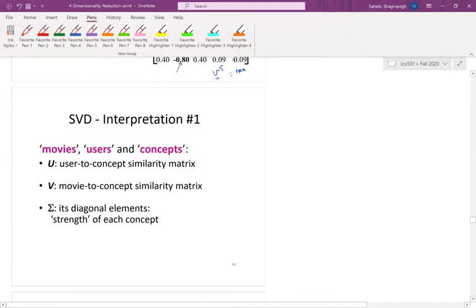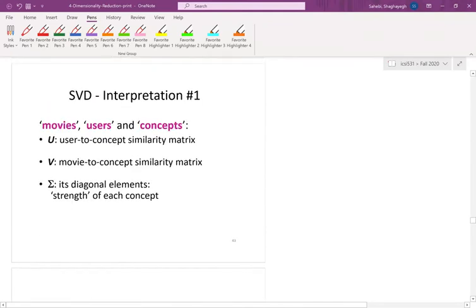What we are thinking of is that we have movies and users. Our data set is having movies and users, and there are some concepts that are hidden in our data set. And by doing a decomposition like SVD, we are figuring out what user to concept similarity is, what movie to concept similarity is, and what is the strength of each concept in our data.